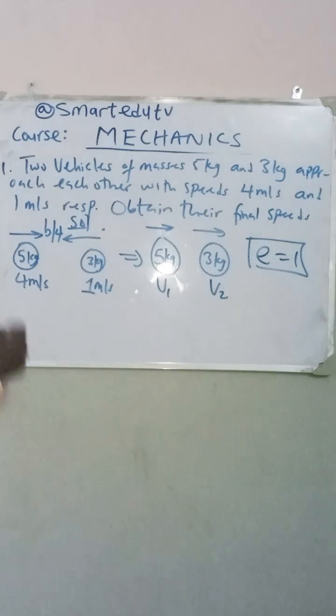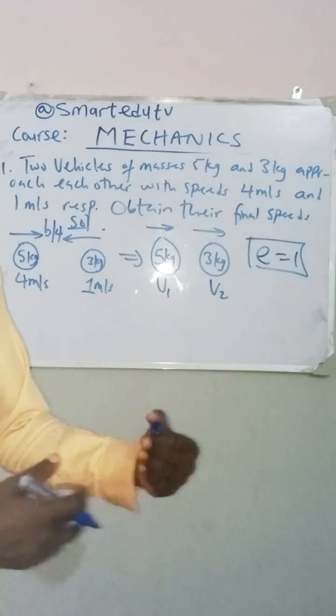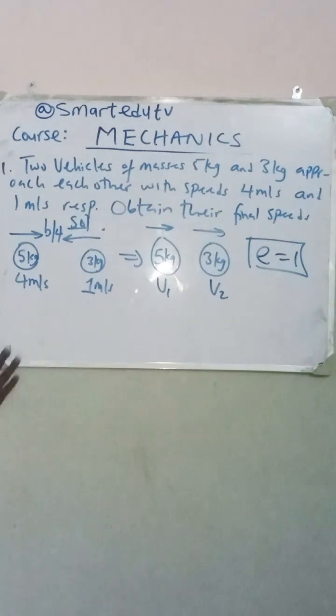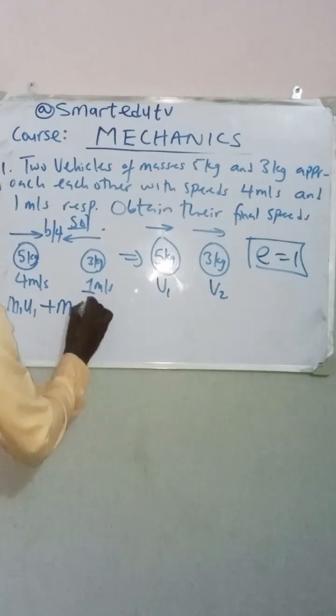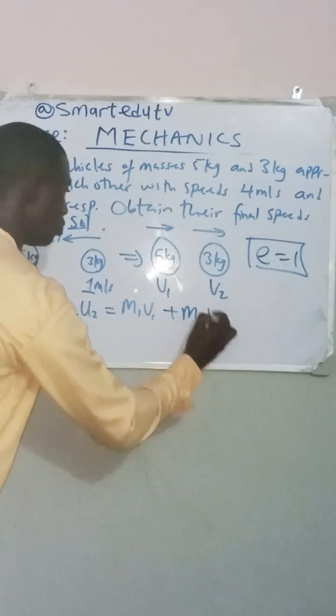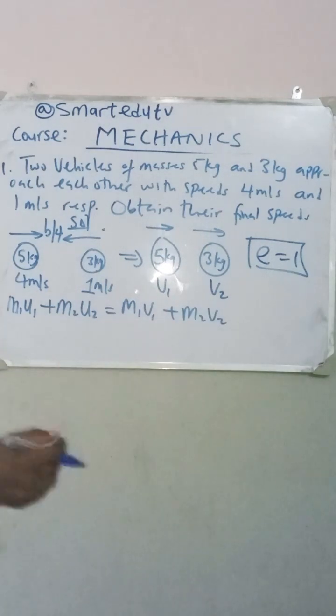That is, M1 U1 plus M2 U2 should be equal to M1 V1 plus M2 V2. Let me write the formula first: M1 U1 plus M2 U2 should be equal to M1 V1 plus M2 V2. This is our general formula for conservation of linear momentum.